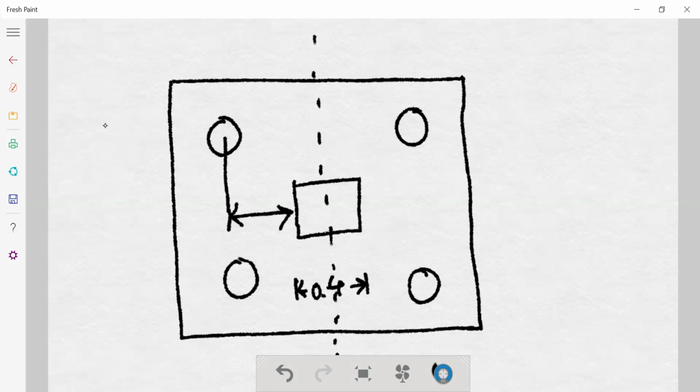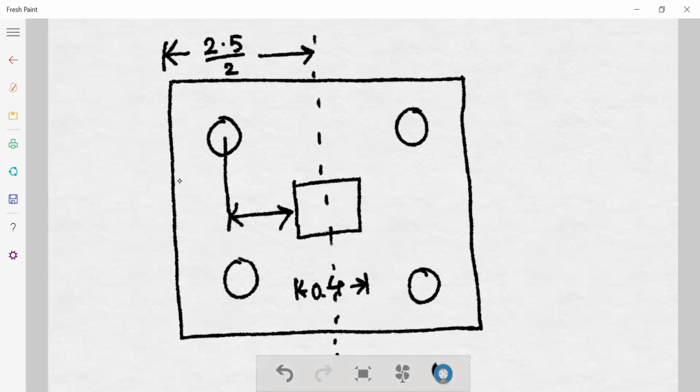So we know that this much is 2.5 by 2, or you can say 1.25.